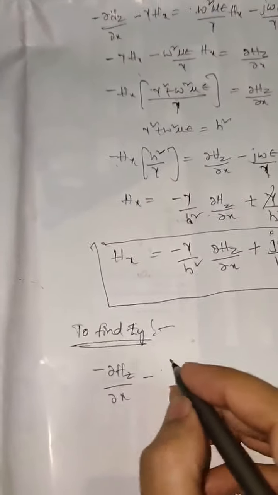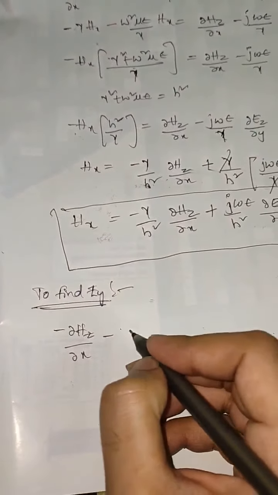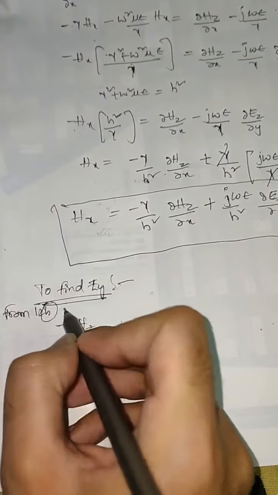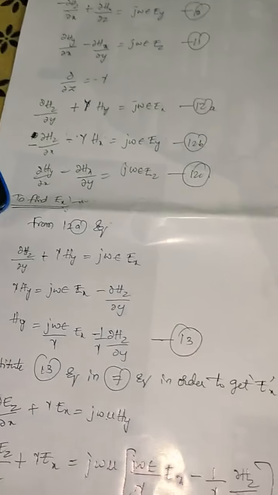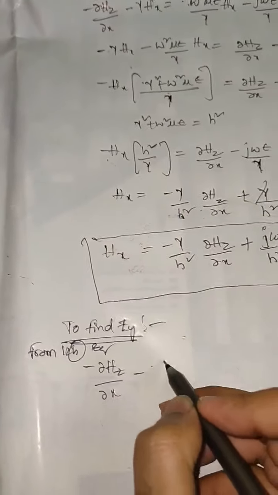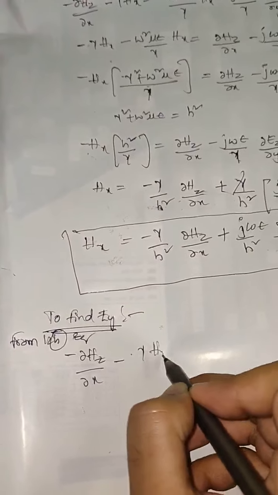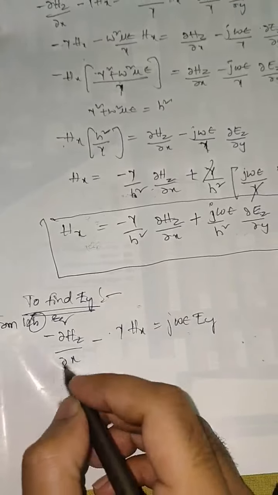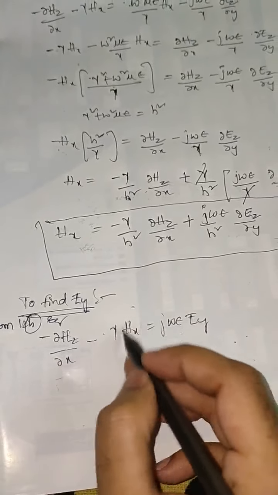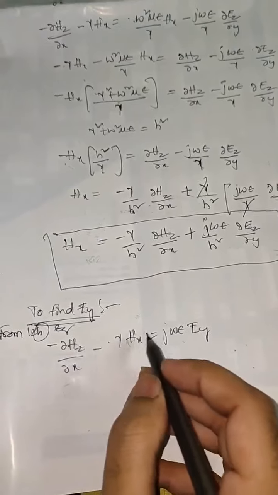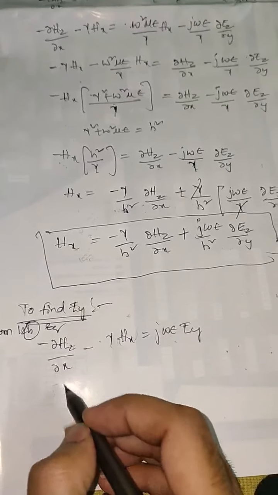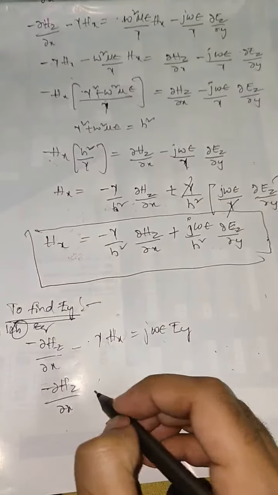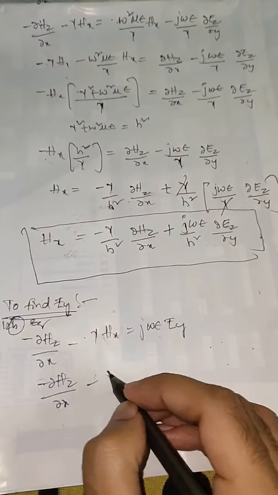Okay, so now I am writing the 12b equation. So from the 12b equation, which is nothing but ∂Hz/∂x minus γHx equals jωεEy. Okay, so now from this equation we will derive the Hx expression, and that Hx is substituted in the sixth equation so that the Ey value is obtained. I am writing the same equation.